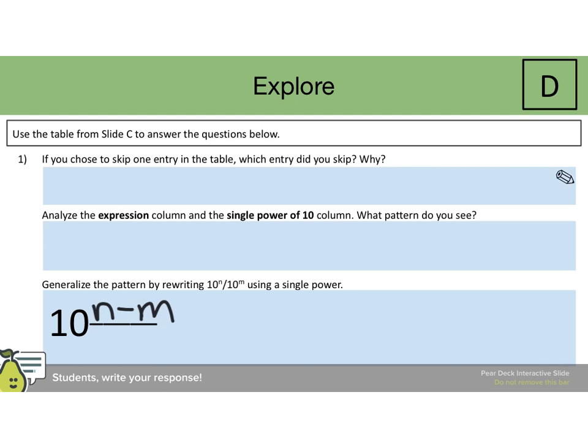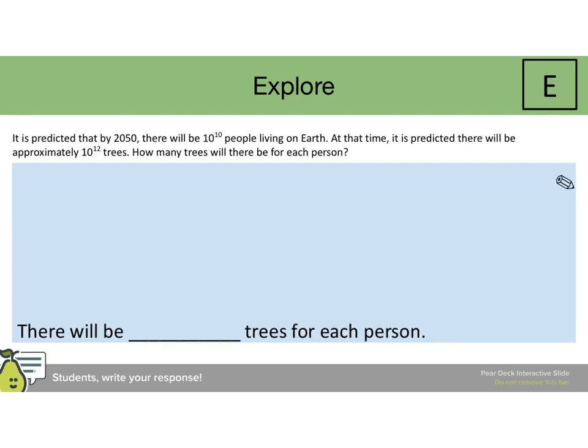If students need help generating that pattern, remind them of the rule for multiplying bases of 10, in which 10 to the nth power times 10 to the mth power got us 10 to the n plus m power. And so that might help students generate the rule for dividing powers of 10.